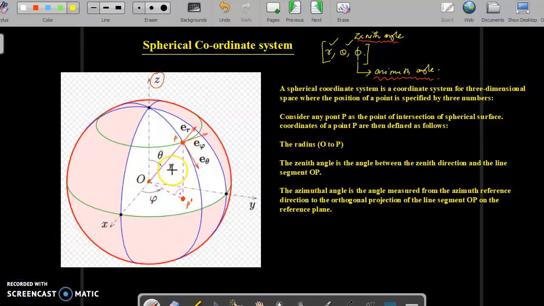Corresponding to a_x, a_y and a_z, the unit vectors in the Cartesian coordinate system, there are three unit vectors in the spherical coordinate system.